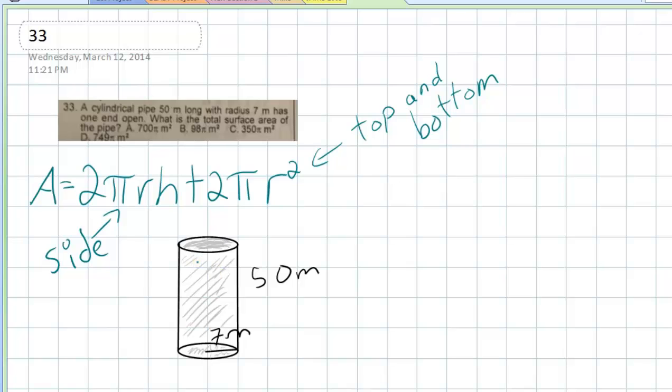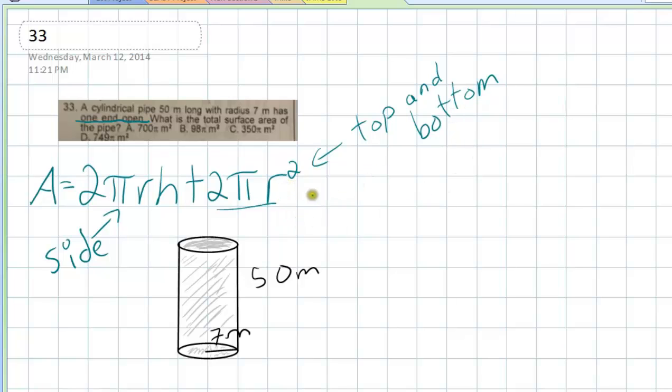The thing that's different about this question is that they're not just asking us about the total surface area of the cylinder. They're telling us that it has one end open. So all we have to do is not account for one of these ends. Instead of saying 2 pi r squared, we're just going to say pi r squared.